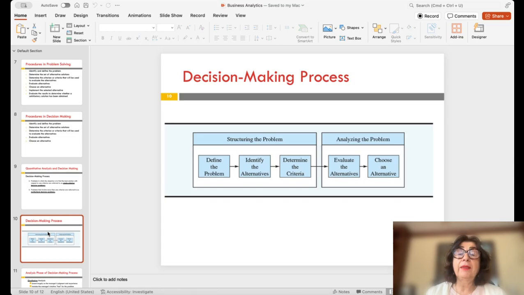And if we look at the decision-making process, this is what we described in those previous 5 steps that we have discussed. You can see that the first 3 are about structuring the problem, and the last 2 are about analyzing the problem and finding a solution to that problem.